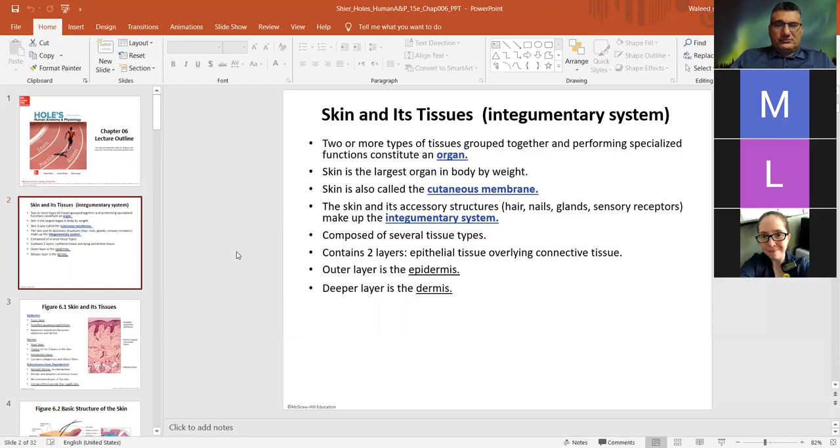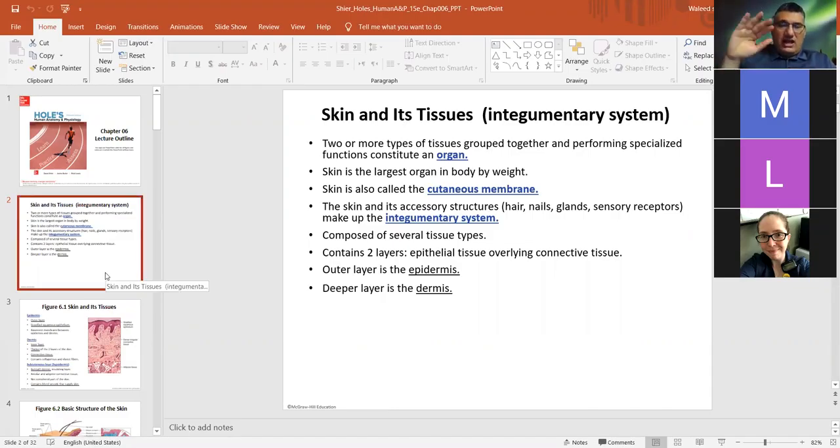There are different types of tissues, epithelial and connective tissue together, making that system. The skin, or the cutaneous tissue. Cutaneous is the same as skin. Remember this: skin is also known as the cutaneous membrane. It's two layers on top of each other, the epidermis and dermis.